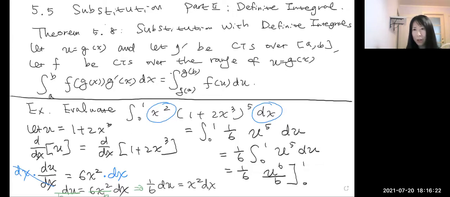Okay, definite integration is like that. We substitute the number there, lower bound, upper bound. So basically, we have uppercase F of b minus uppercase F of a. We are using this one, okay? Where uppercase F is the antiderivative of lowercase f, right?